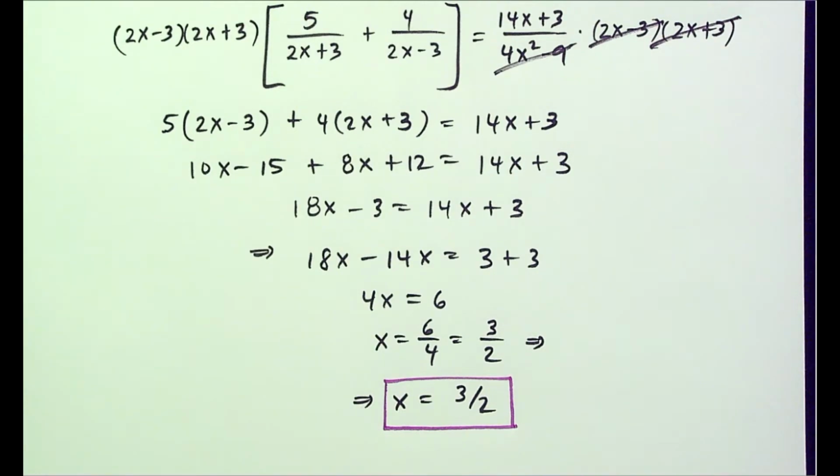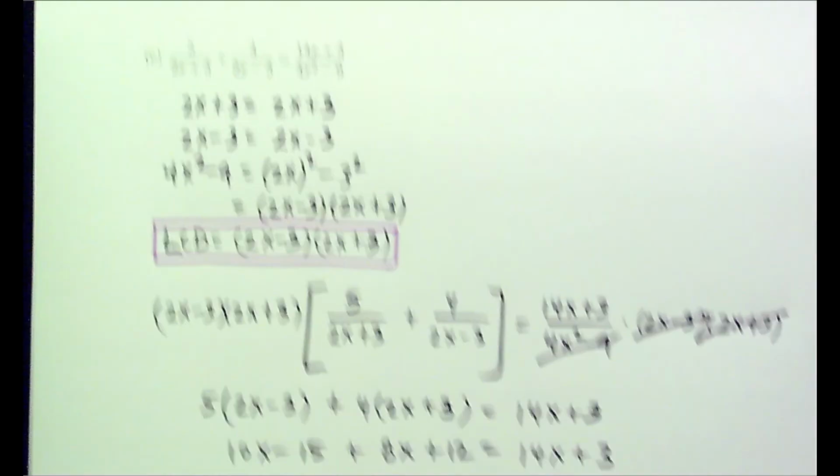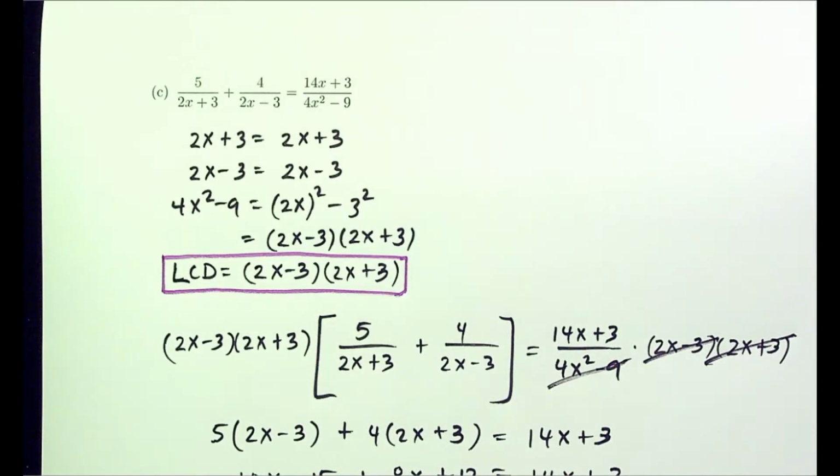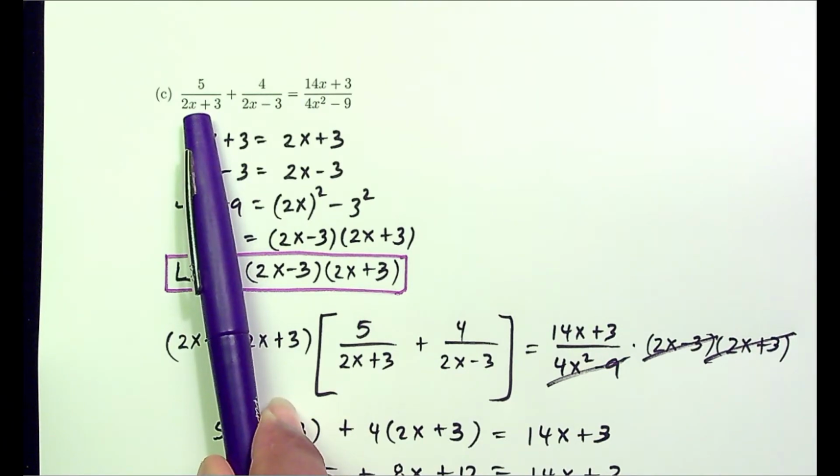And now, don't forget that once you find your values for x, you have to go back and see whether they make any of the bottoms, any of the denominators equal to 0. So we have 3 halves, and you may use the calculator for this. If you plug in 3 halves here, you would get 6.